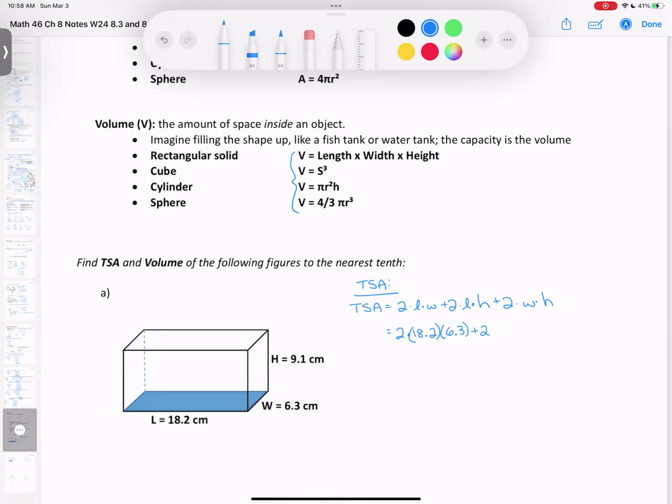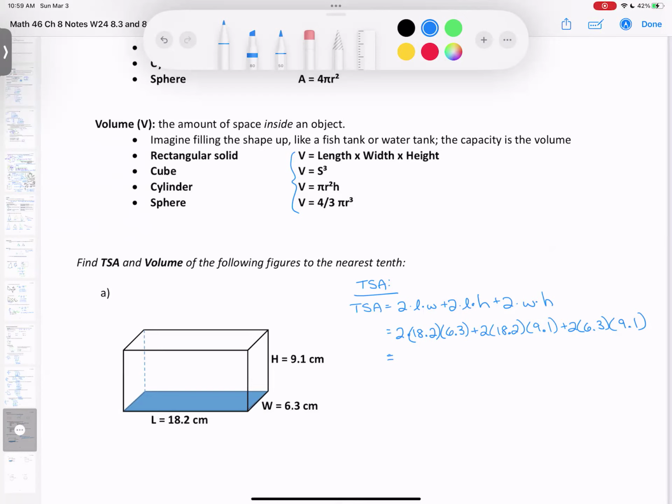So now we've got 2 times L, L was 18.2, times H, which was 9.1, and then plus 2 times W was 6.3, and height was 9.1. Okay, so let's calculate this. So I'm going to do each one individually. You can do this all in one step if you prefer.